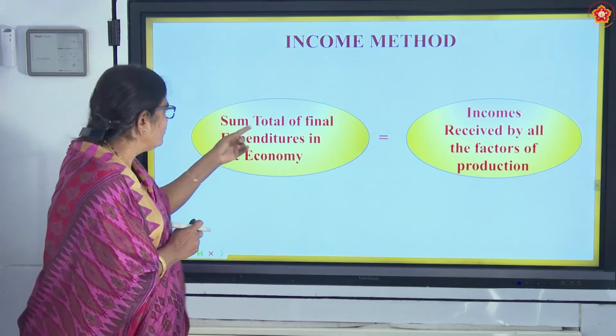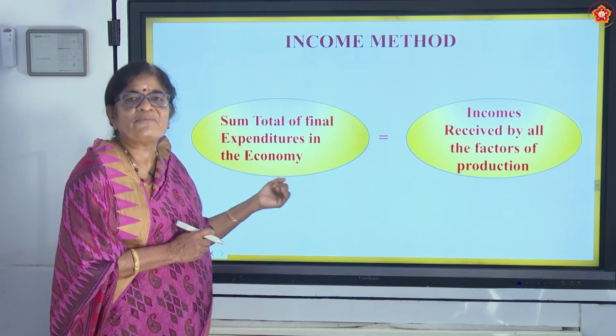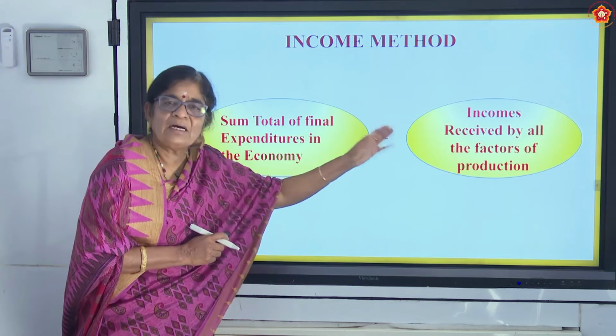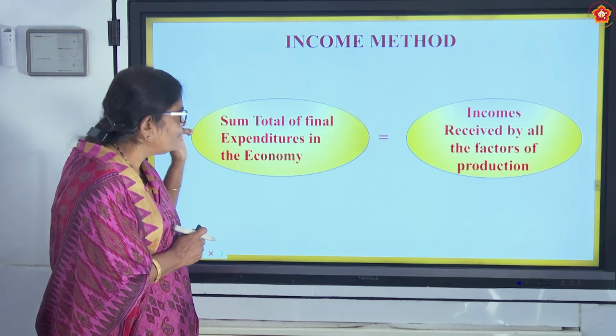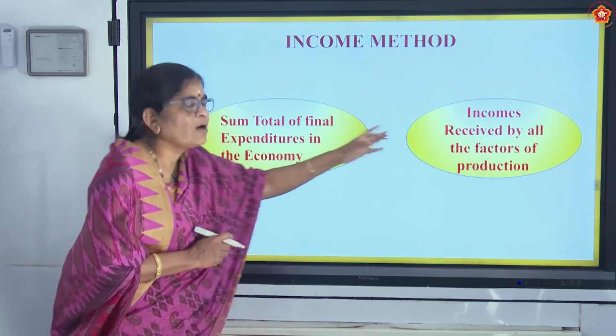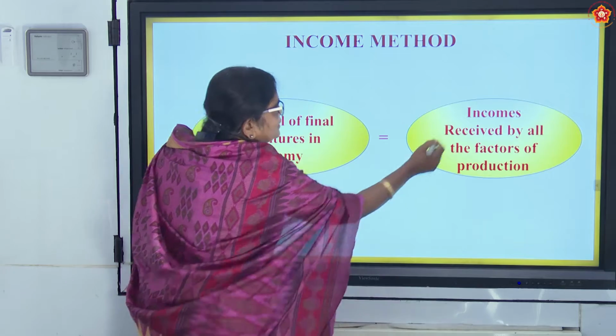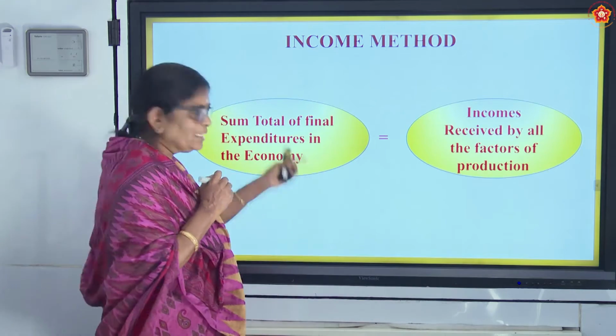Why is the expenditure incurred by the firm? Because the firm receives all the factors of production from the household. Therefore, the firm has to pay back as an expenditure to the household. The expenditure of the firm is an income for the household. That is what it is called.